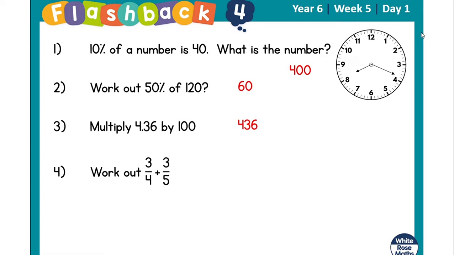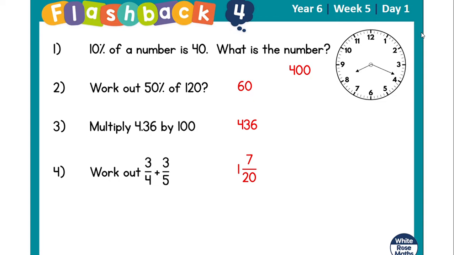We can see that the largest denominator is 5, but 4 doesn't go into 5. So we have to find a multiple of 5 that 4 will go into. If we use our multiplication facts, we will see that 5 times 4 is 20, and 4 will go into 20. So we can make both of the fractions into an equivalent fraction with a denominator of 20.